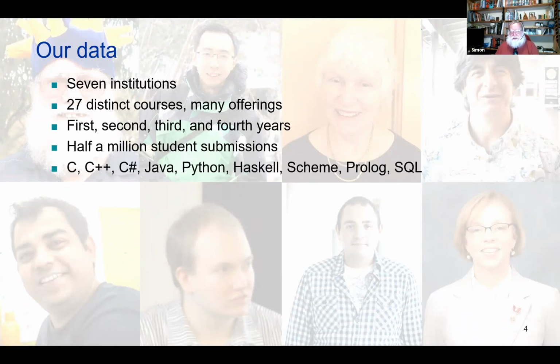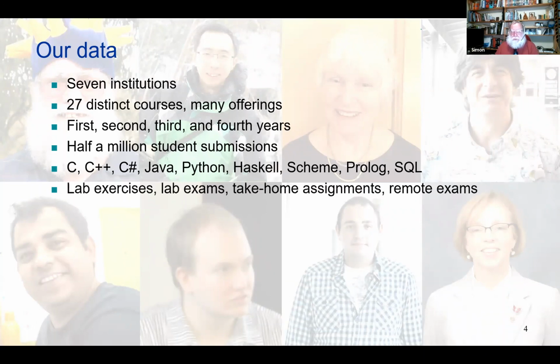We're covering C, C++, and C#, Java, Python, Haskell, Scheme, Prolog, and SQL. We've got various kinds of assessment, such as exercises conducted in the lab, assignments that students take home. And we think that it's possible that different types of assessment offer different opportunities for misconduct. So we're going to look at those individually.